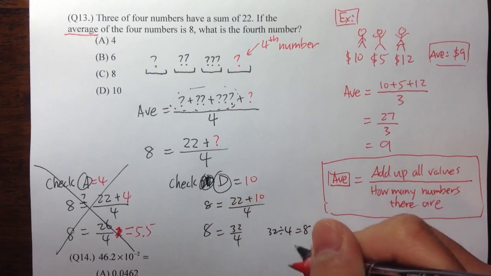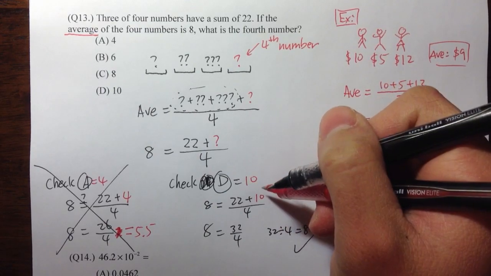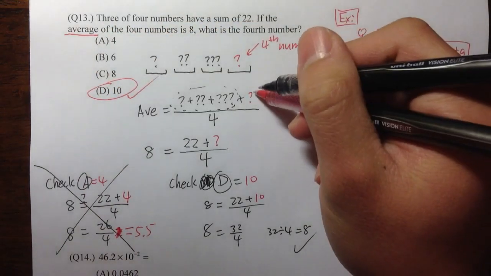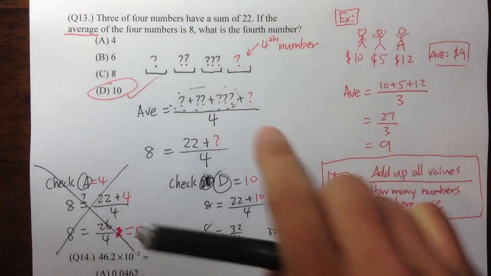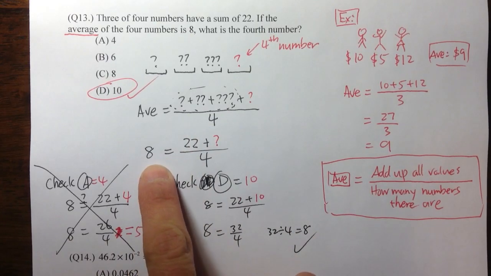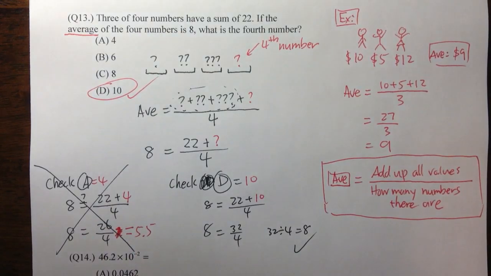So it checks. Therefore, the correct answer is 10, choice D. If you fill in the last number with 10, the average of these four numbers will be 8.